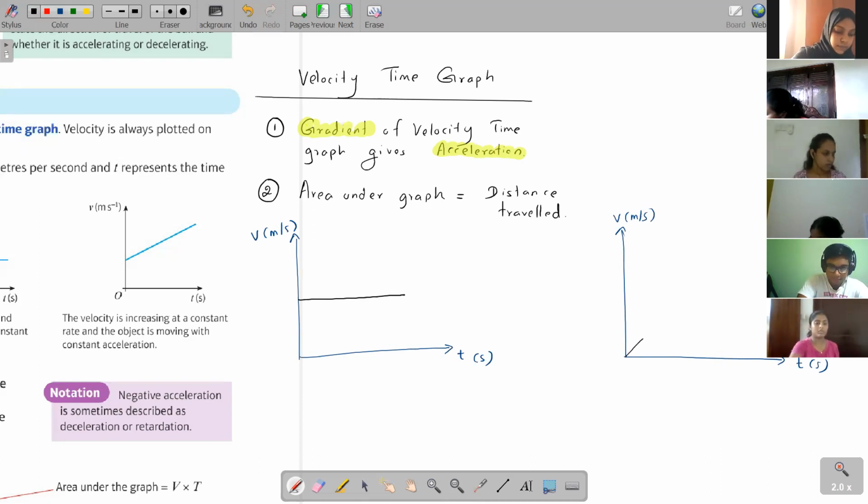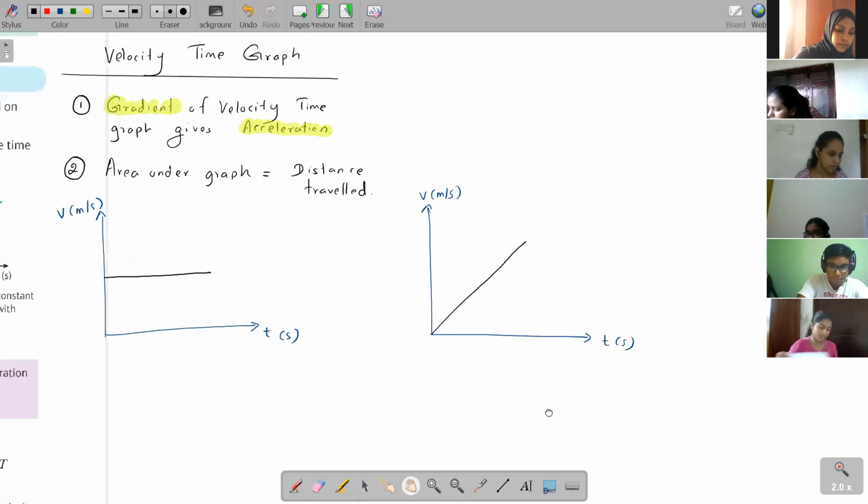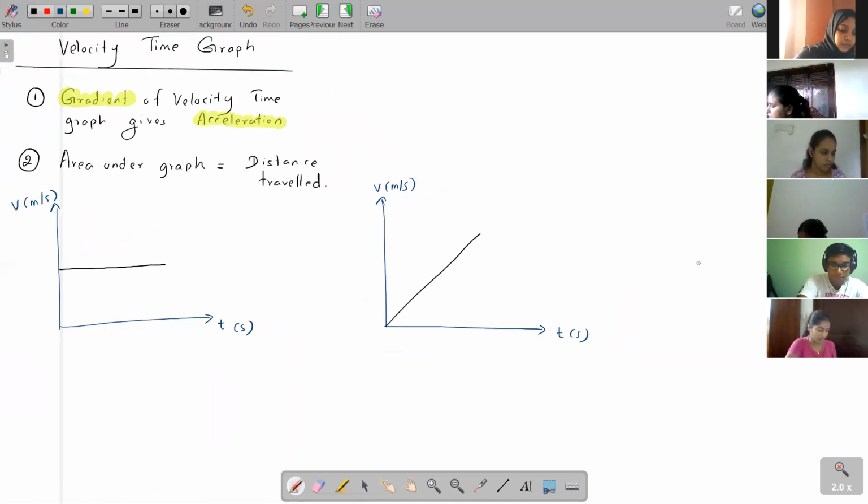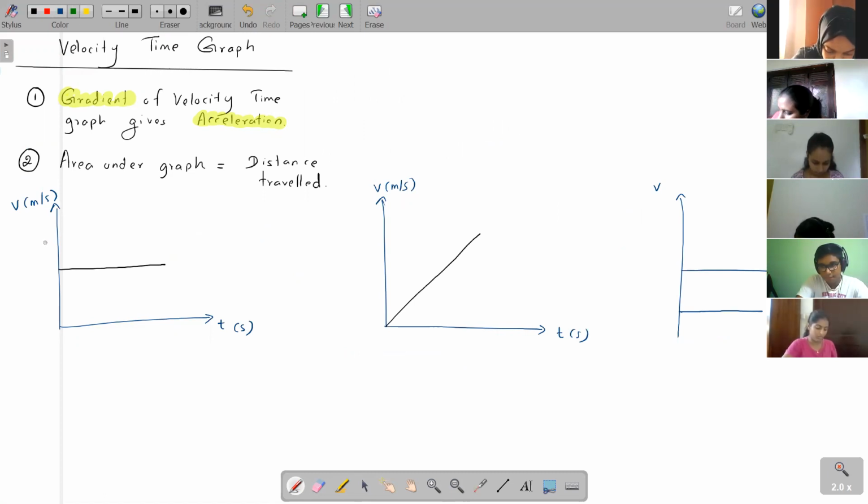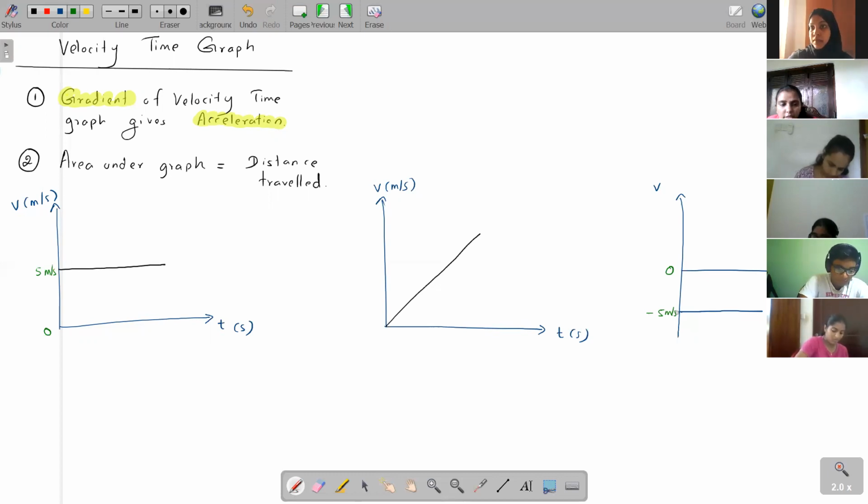Second graph. Third graph. Try to interpret all these three graphs.